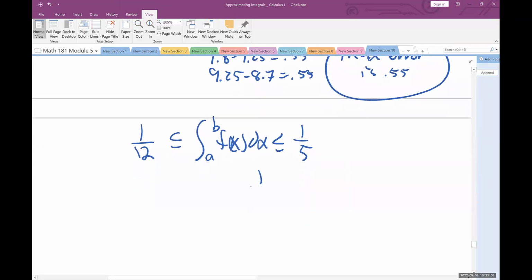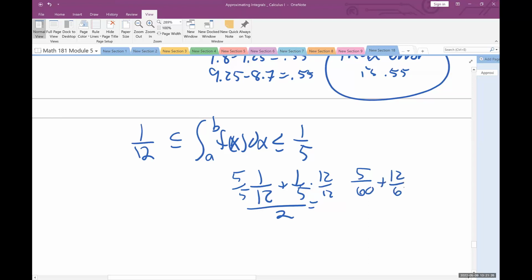So if we take the 1/12 plus the 1/5 and divide by 2, that's like saying I multiply this by 5/5 and this by 12/12. And I end up with 5/60 plus 12/60 divided by 2. That's going to be 17/60.